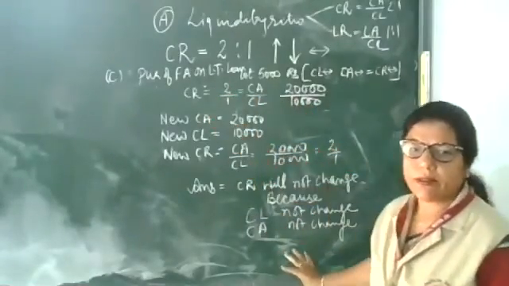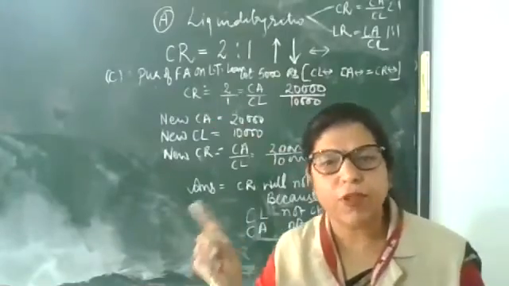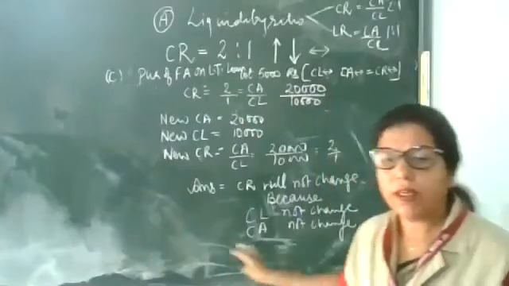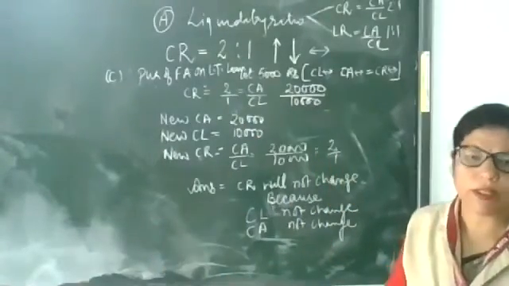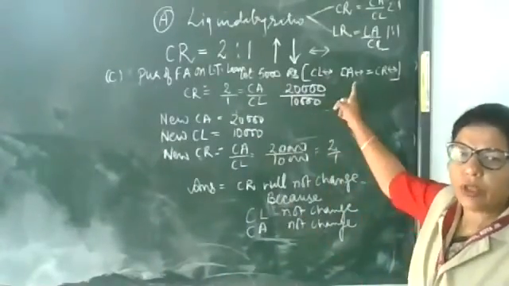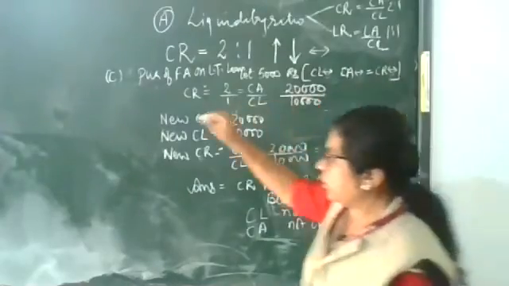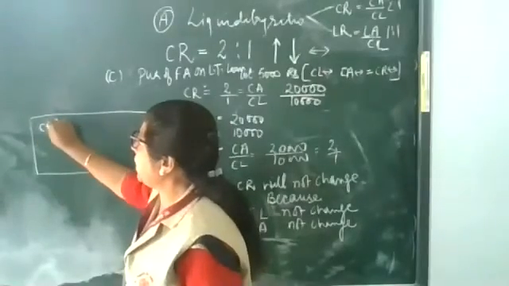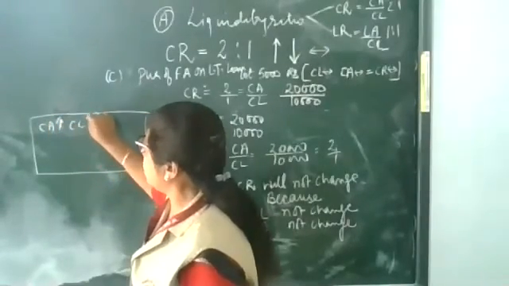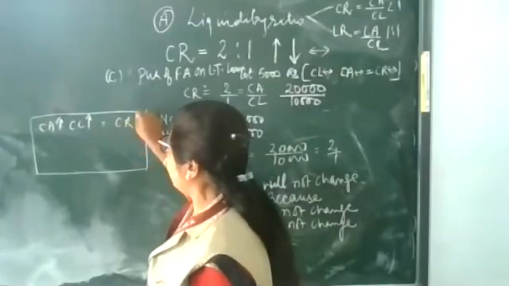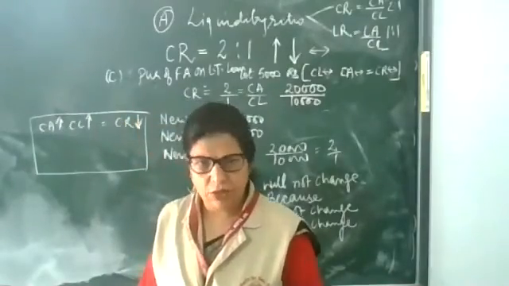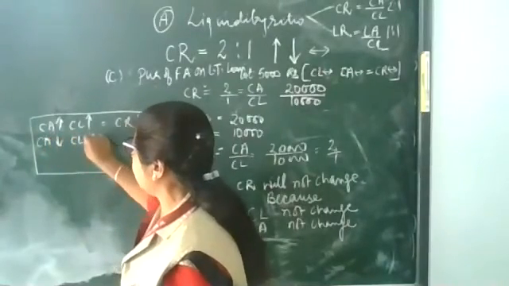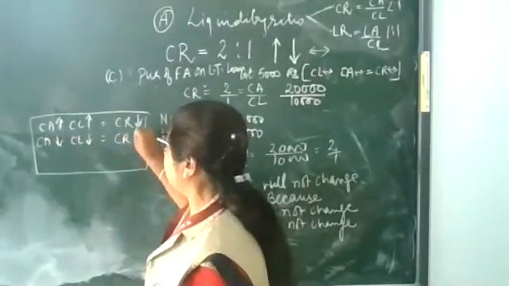See, the third case: the first case when CR is decreasing, second case when CR is increasing, and third case when CR is not changing. So the conclusion is this. When CA increases and CL also increases by the same amount, CR will decrease. And when CA decreases as well as CL decreases, the current ratio will increase.